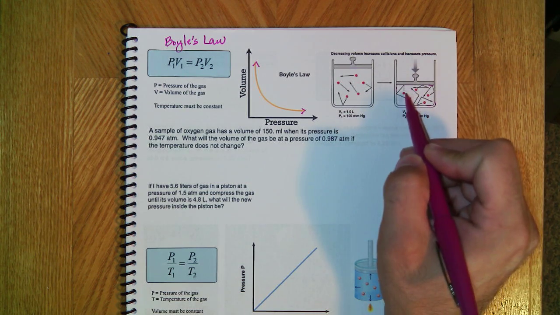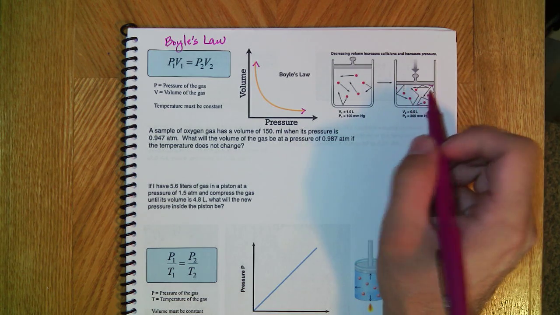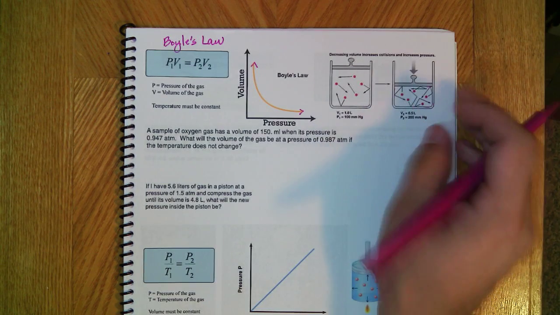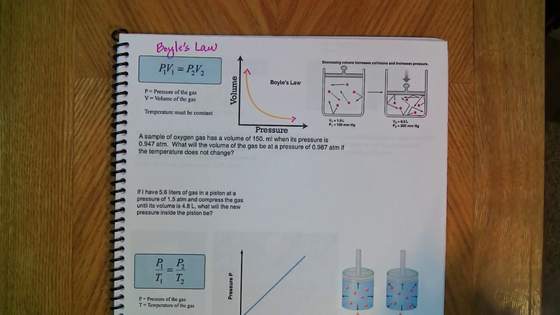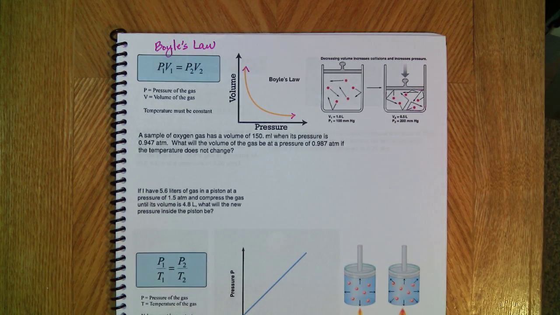What is changing is how far the particles have to move before they make their next collision. There's just less occupied space here. So because there's less space to move, they're going to make more frequent collisions in the container. And again, going back to pressure, more collisions means a higher pressure. Let's look at a couple of examples here.